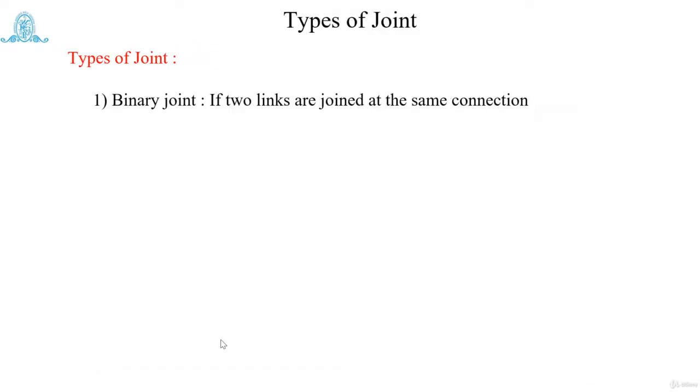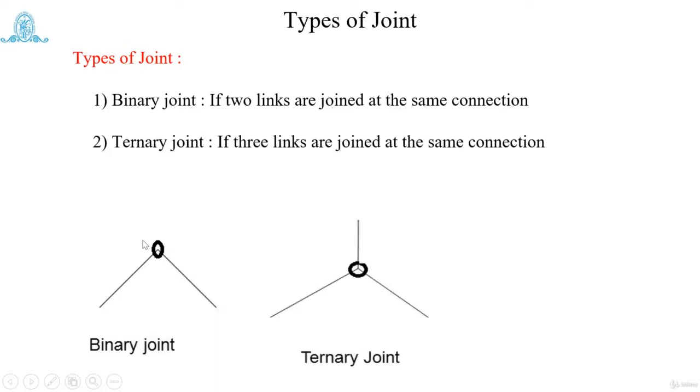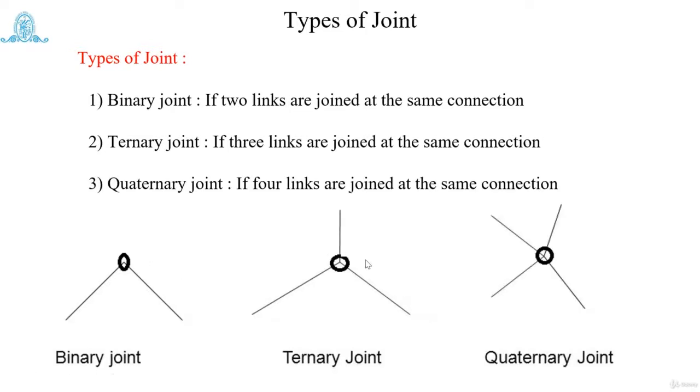Then there are types of joints. Some are binary joints, some are ternary joints. What do you mean by a binary joint? If two links are joined at the same connection or at the same junction, then it is called a binary joint. When three links are joined together at one connection, it is called a ternary joint. And the last one is a quaternary joint.